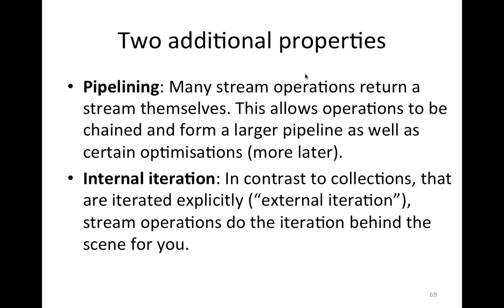The other property is a fancy terminology that comes up sometimes: internal iteration. In contrast to collections, where you have to iterate explicitly by pulling elements from the collection, using the Stream API this iteration logic is pushed inside the library. It's all done internally inside the method, and this is why we call it internal iteration, as opposed to external iteration with collections.